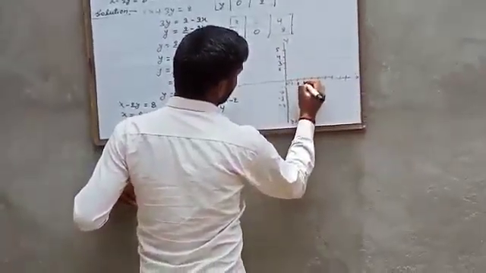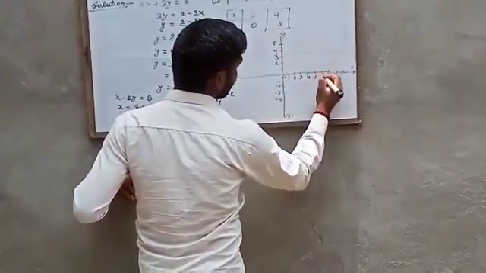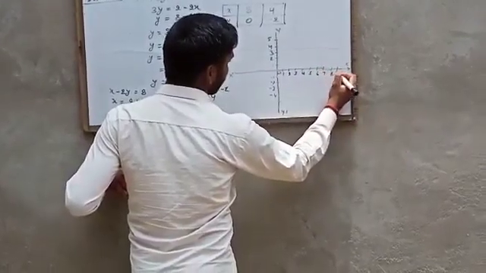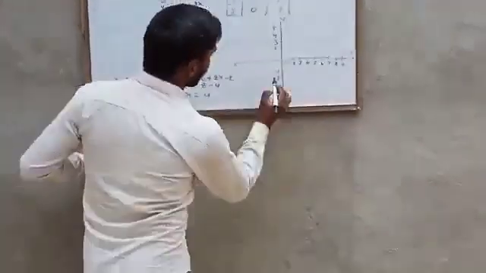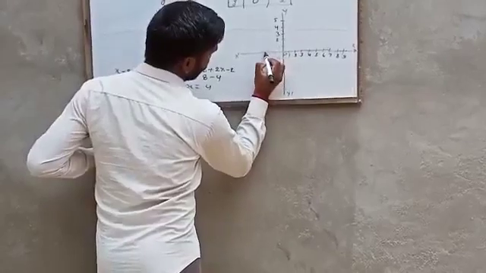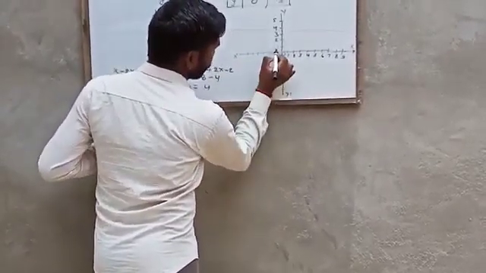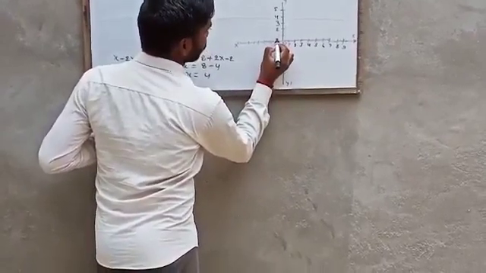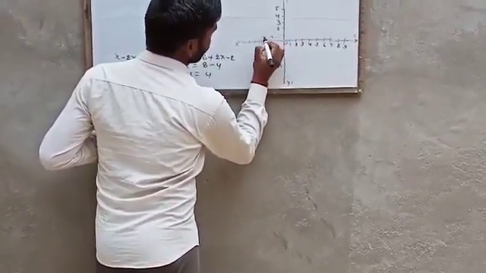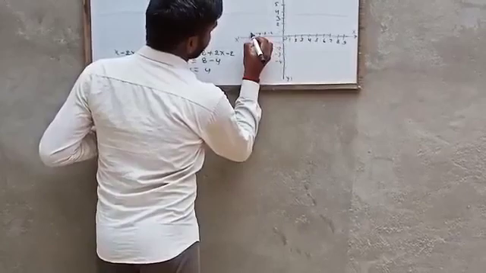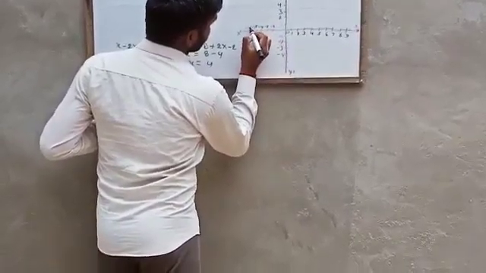Here also 1, 2, 3, 4, 5, 6, 7, 8, 9. This side also minus 1, minus 2, minus 3, minus 4, minus 5 and minus 6.